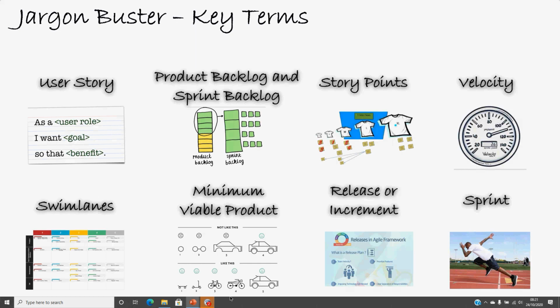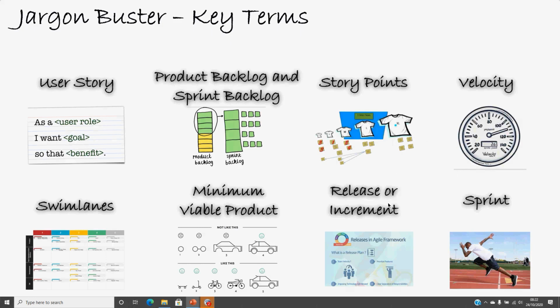In sprint four, it was the motorbike. And finally, in sprint five, the MVP turned into a full-fledged product, which is the actual car. So Agile gives us the concept of minimum viable product as well, that is, what minimum viable product we will be working upon in a particular sprint. What are we going to develop and give to the customer?